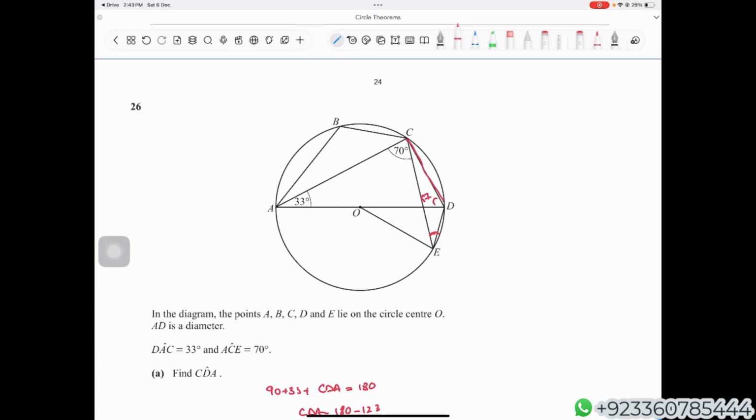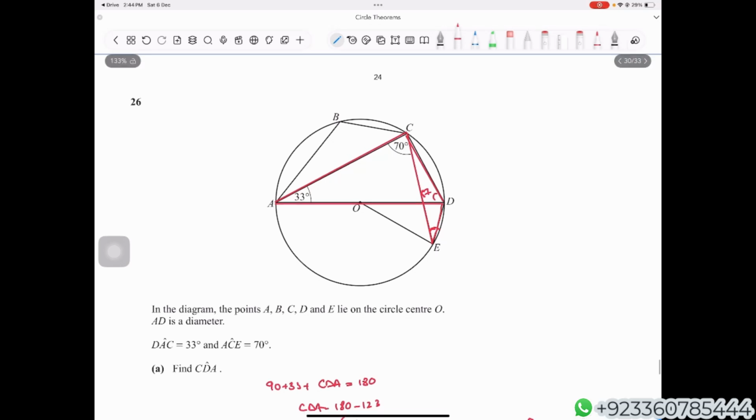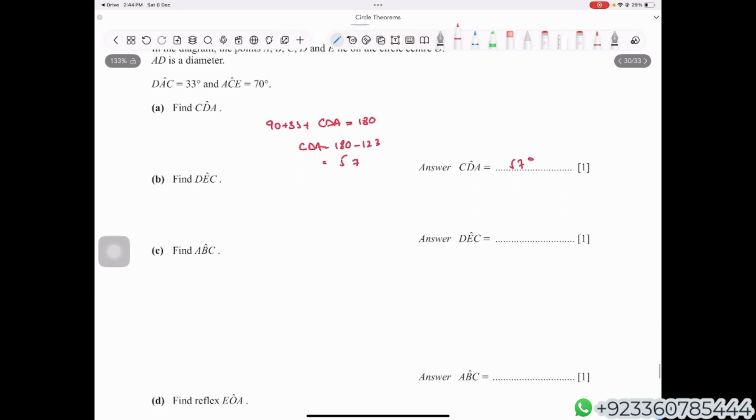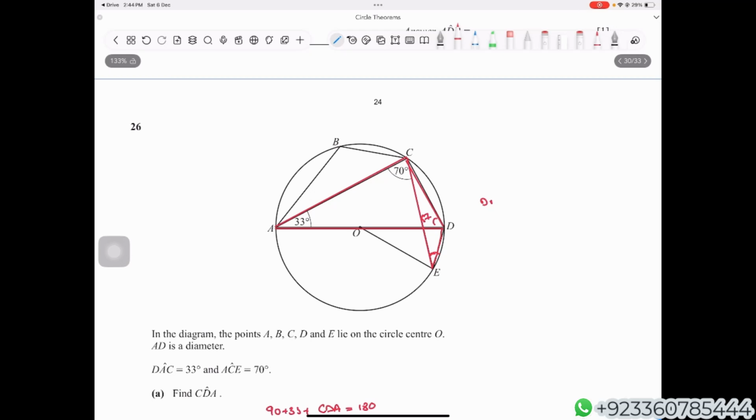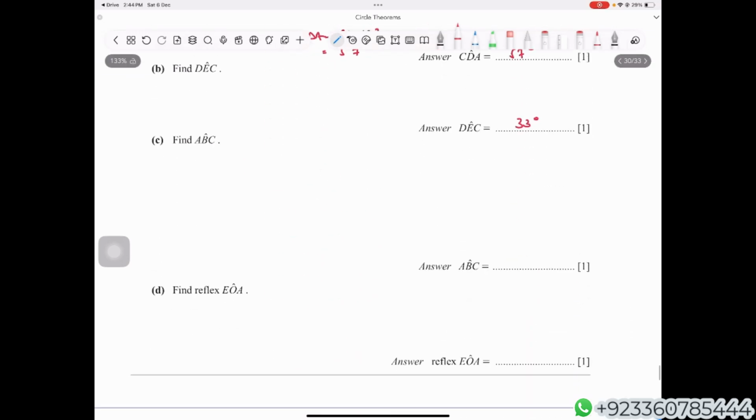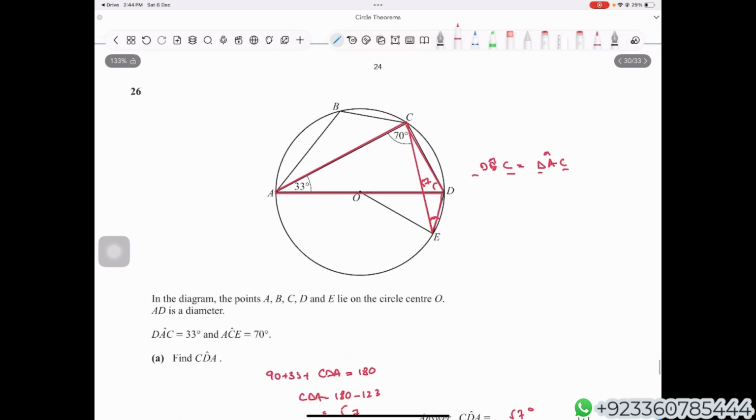Can you see that this comes from CD, this chord, and this angle also comes from the same chord and is formed on the same segment. So angles in the same segment from the same chord are equal. So DEC is going to equal 33 degrees. DEC will equal DAC. Can you see the first or last letter is the same? So 33 degrees.